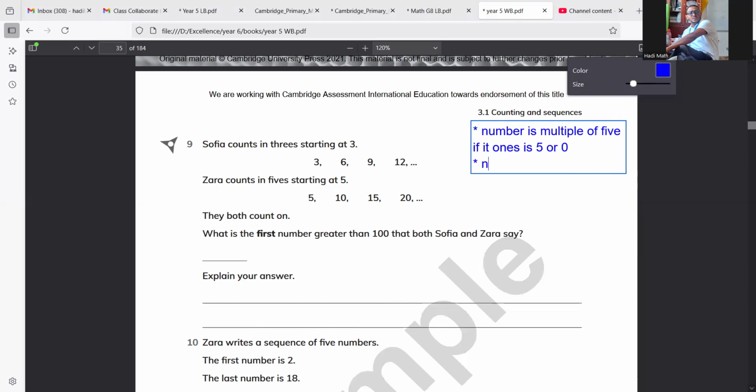Second thing, a number is a multiple of 3 if the sum of its digits is a multiple of 3.